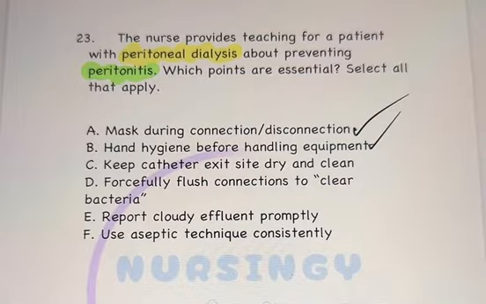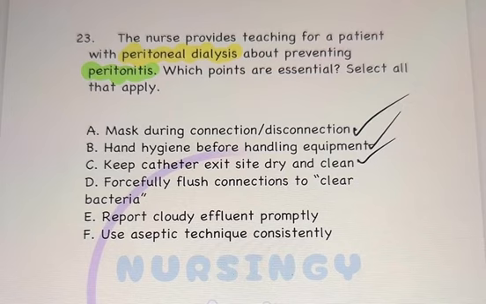Okay, C, keep catheter exit site dry and clean. Correct? Because if we are providing proper care of the exit site, then it's going to prevent bacteria from entering the peritoneal cavity. So this is good.